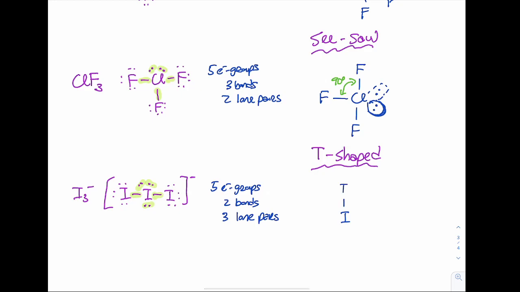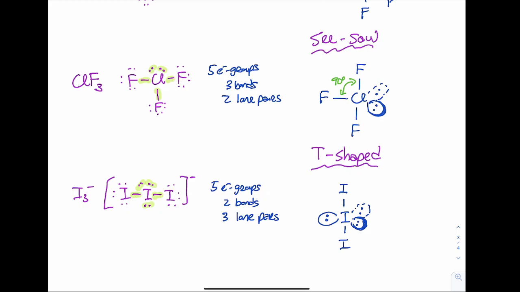I'm going to go up to another one. I'm going to go down to one. So again, my bonds are going to be axial, my lone pairs have to be equatorial. So I have a lone pair in this position. I have a lone pair coming out at us, so I'm going to shade this one. It's kind of a bad shading job. It's just getting worse. I'm going to have one going back.